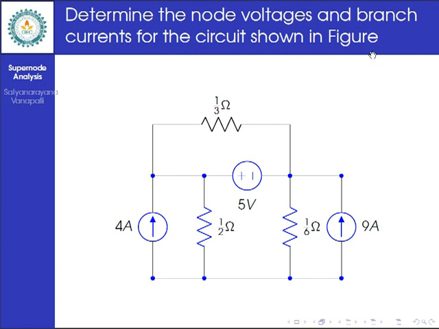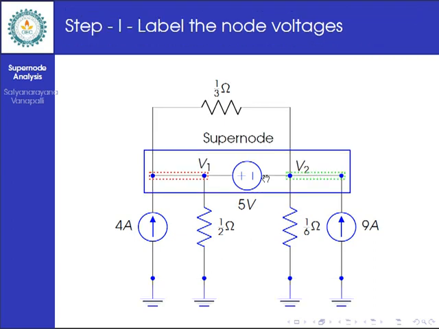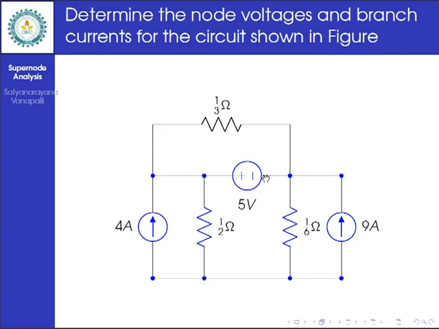Once we determine the node voltages, it would be very easy for you to determine the branch currents, so I am not considering that part because it is a simple substitution in the formula. The first step of our problem is to identify the nodes.